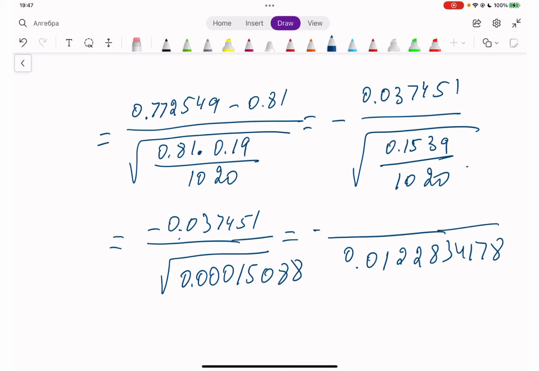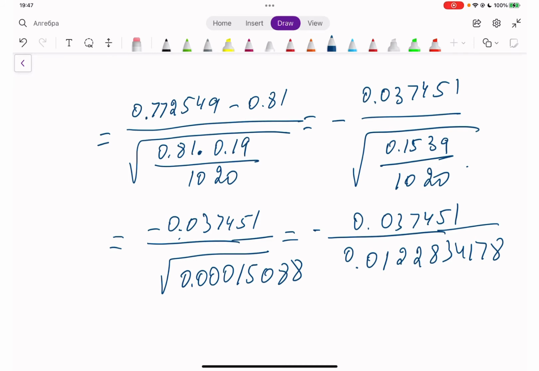Next, 0.037451. All right, now I need to divide. So 0.037451 I am dividing by 0.0122834178.